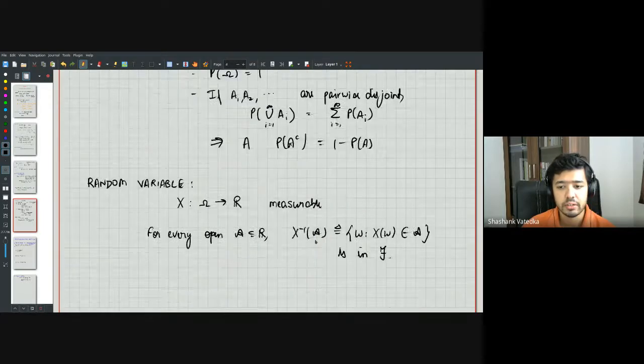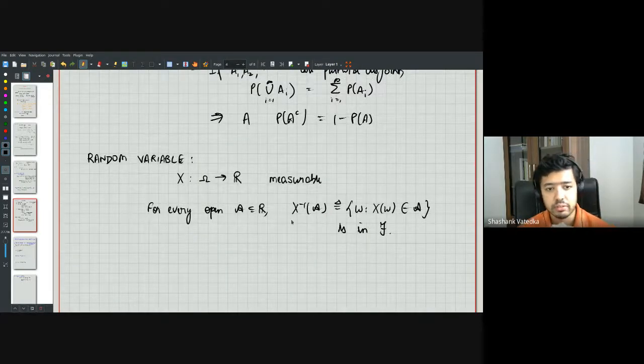You would also have seen the notion of a random variable. Unlike what the name suggests, a random variable is in fact not a variable, it is actually a function. It is a function which maps the sample space to the set of reals. A random vector maps the sample space to maybe R^n. A random variable is basically any function from omega to R which is what we call measurable.